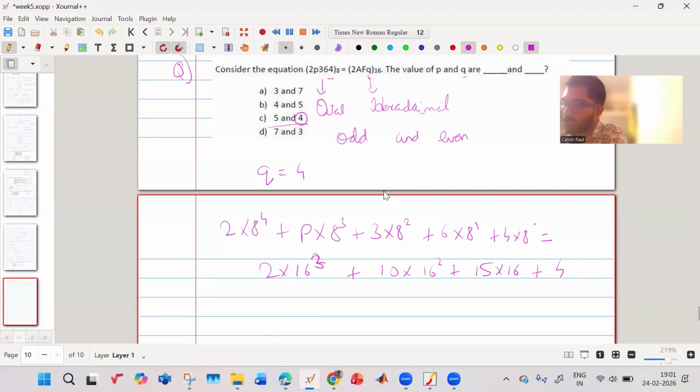So what do we get over here? 2 into 8 to the power 4 is a big number to compute. Is there a way to make it simpler?